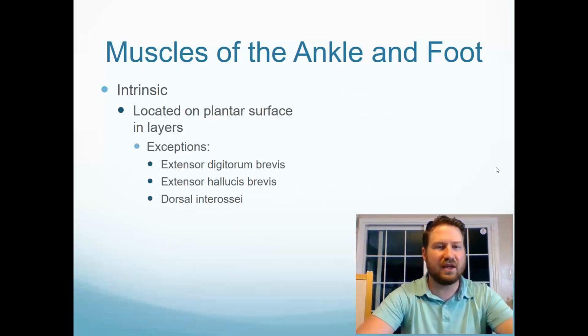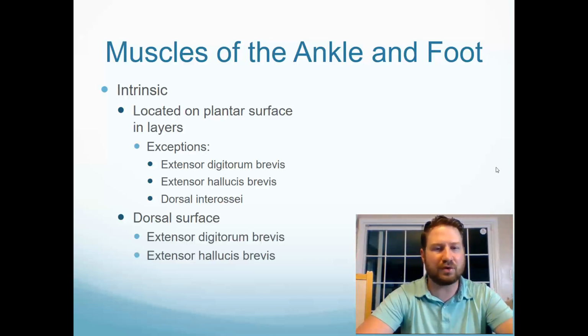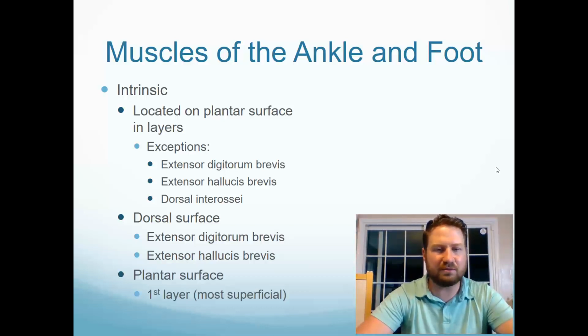Our intrinsics are located on the plantar surface in layers. Okay, so exceptions are extensor digitorum brevis, extensor hallucis brevis, and our dorsal interossei. So on the dorsal surface of our intrinsic muscles, we have our extensor digitorum brevis and our extensor hallucis brevis, brevis meaning short.